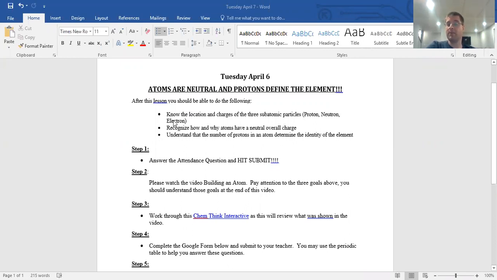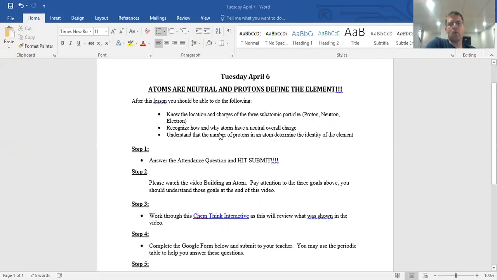And they'll make up the atom, they're really small. We call these subatomic particles. Sub means below or within, that's a prefix. Atomic, the atom, particles. So that means within the atom, the particles are proton, neutron, electron. You'd be amazed at how English is important with science, with prefixes and suffixes and root words.